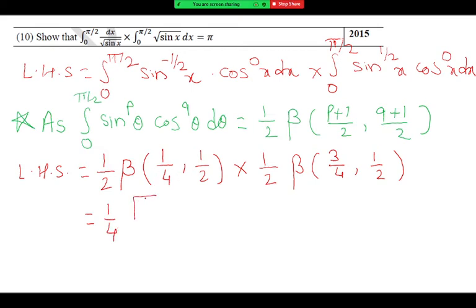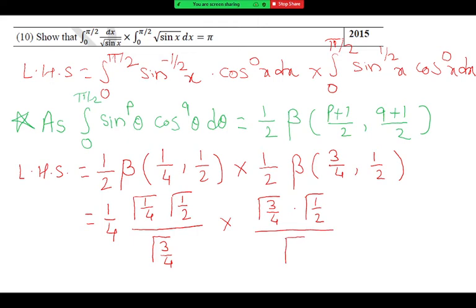So this is gamma 1 by 4, gamma 1 by 2 upon gamma, what is 1 by 4 plus 1 by 2? 3 by 4. Correct. This is gamma 3 by 4 into gamma 1 by 2. And what is 3 by 4 plus 1 by 2?